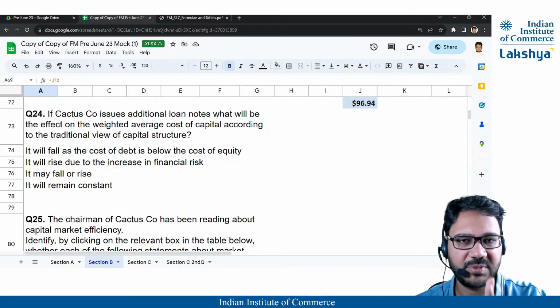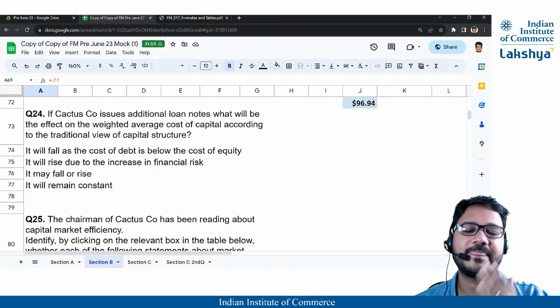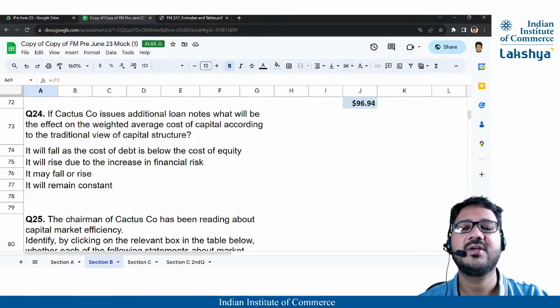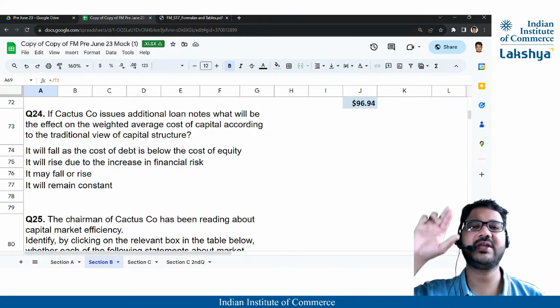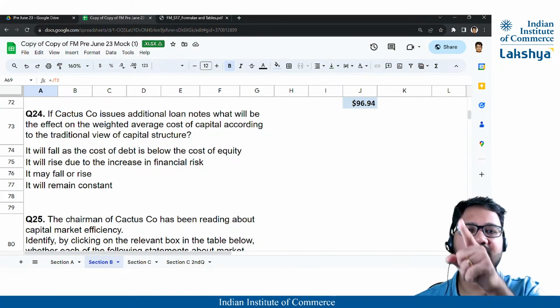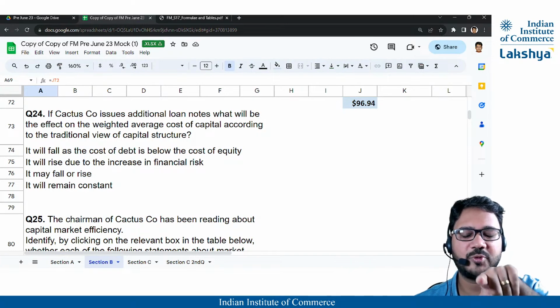However, after that minimal point, if you keep increasing debt, then the cheapness of debt is not able to compensate for the rise in the cost of equity. So the net effect will be increased, so the WACC will increase. If you remember in our notes, there is this diagram under the traditional capital structure theory, which said that WACC initially starts moving down, and then after the lowest point, it starts moving up.